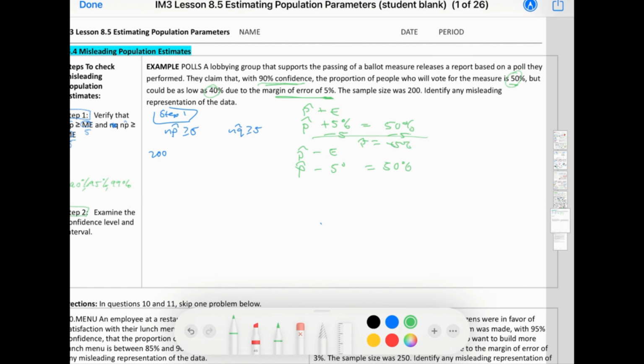We should get a range of 45 to 55. Does this make sense? Let me highlight those 2 numbers.